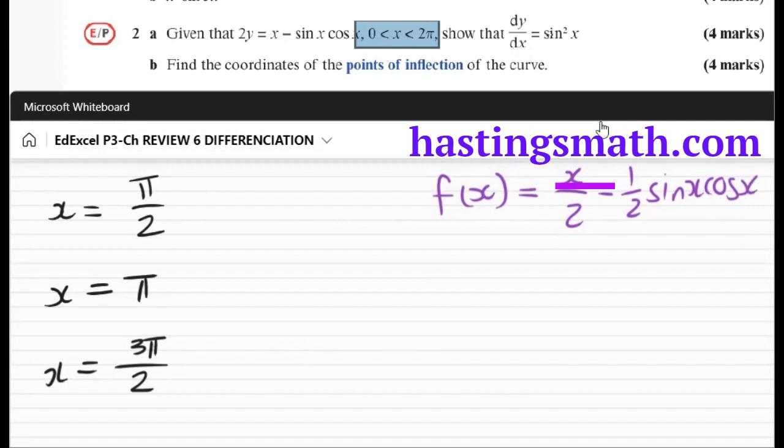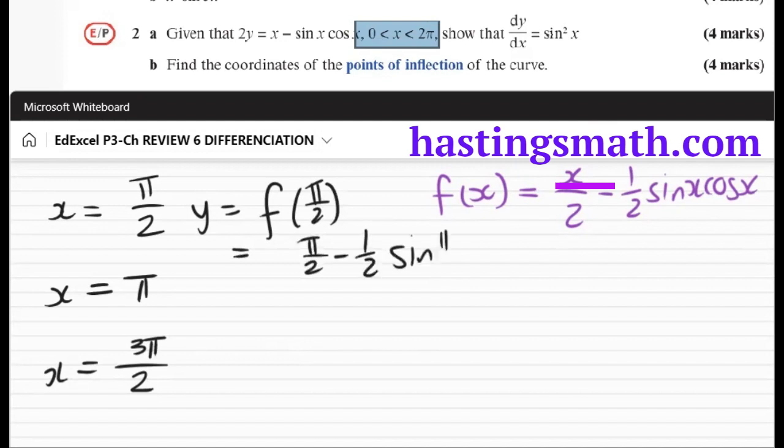So for this one, our y would be f of pi over 2. Using this formula, that would be pi over 2 minus a half sine pi over 2 cos pi over 2. And do this for all three.